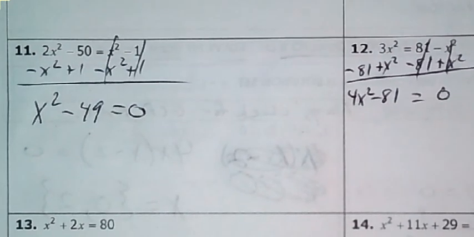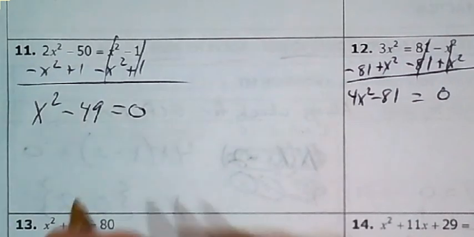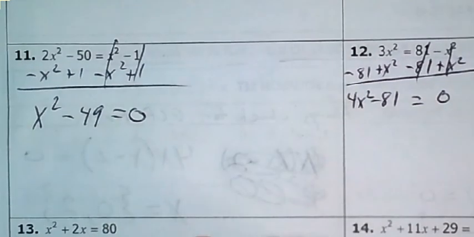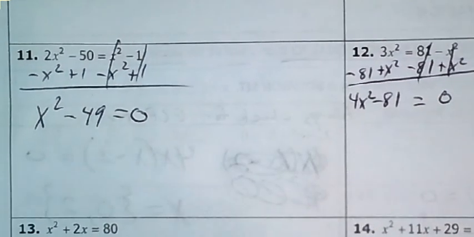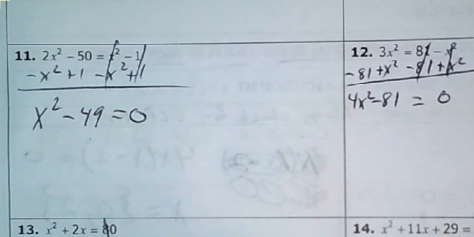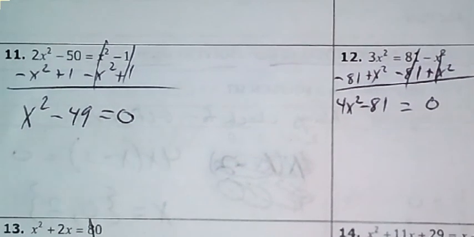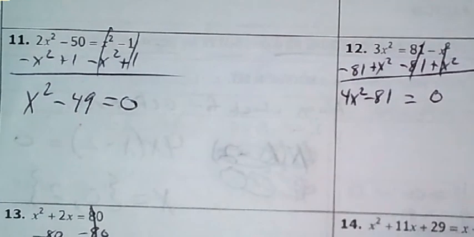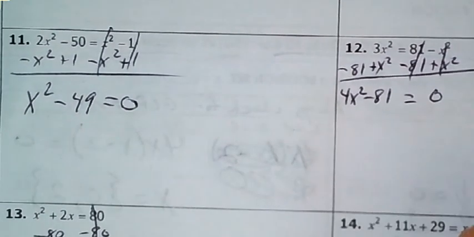All right, look at number 13. We don't want the 80 on the right. We're going to move it over to the left. Subtract 80 from each side. So x squared plus 2x minus 80 equals 0. All right, number 14. Again, we don't want the x plus 4. We're going to subtract x from each side.